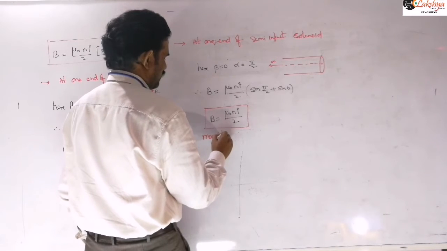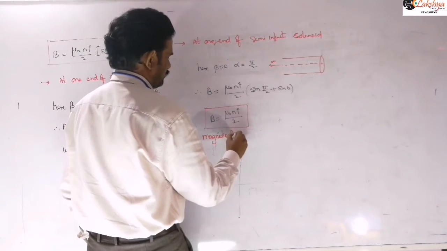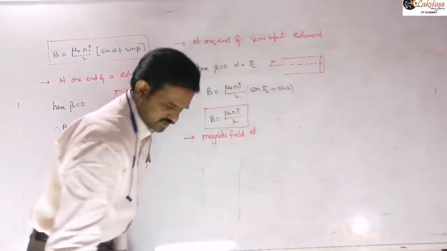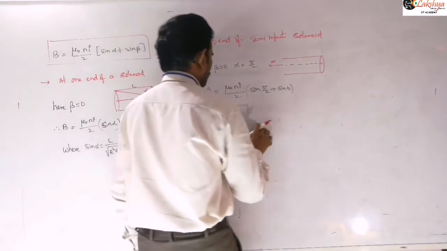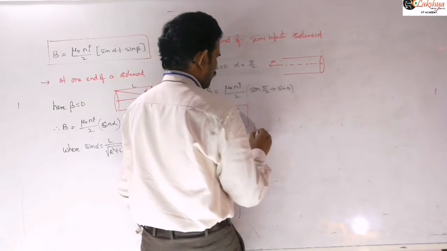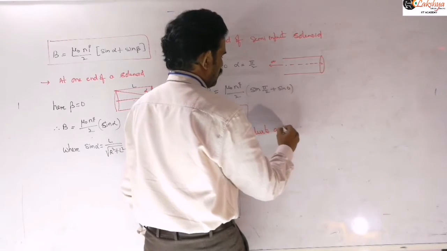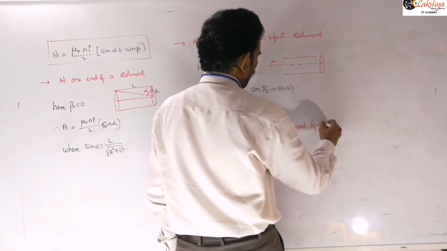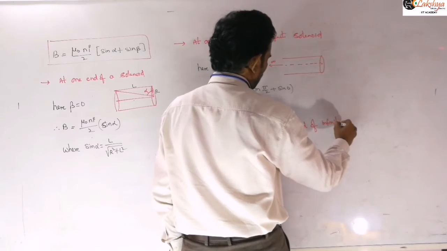So next, the magnetic field due to a solenoid of infinite length.